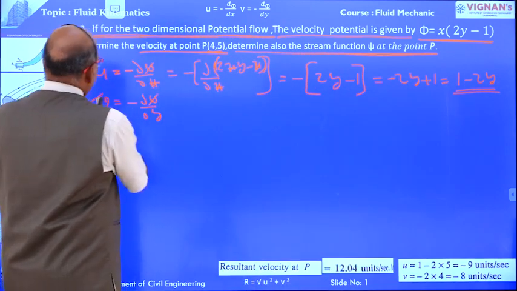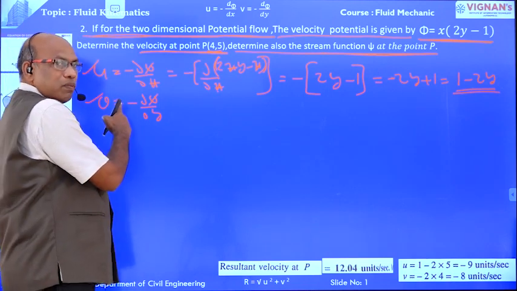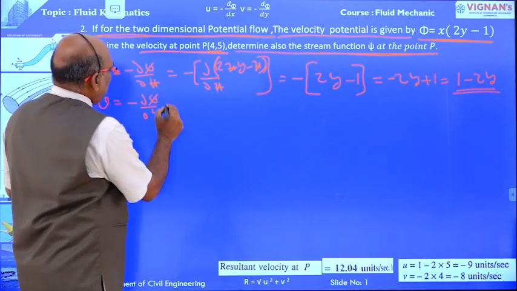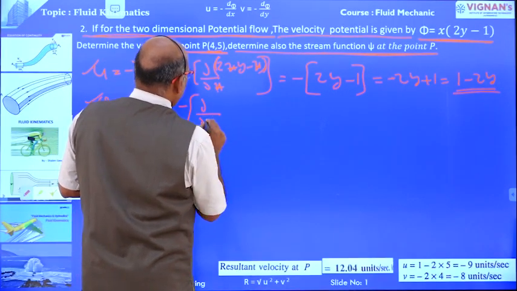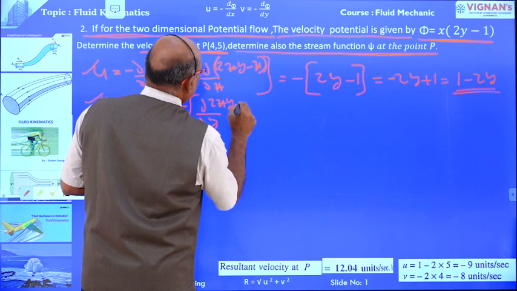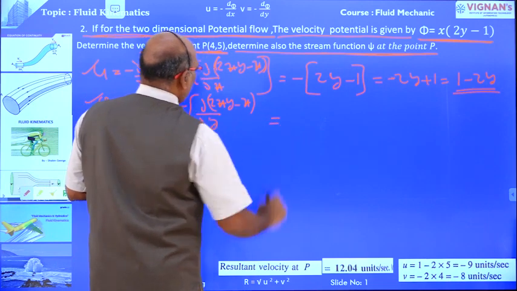Then we are going to determine the velocity component in y direction. The formula for the velocity component in y direction is v equal to minus dou phi by dou y. This is equal to minus of dou phi by dou y of the phi value, that is 2xy minus x. This is given in the problem.